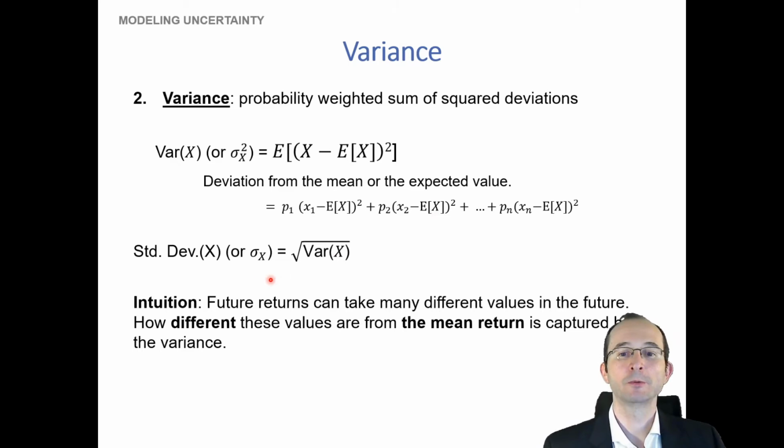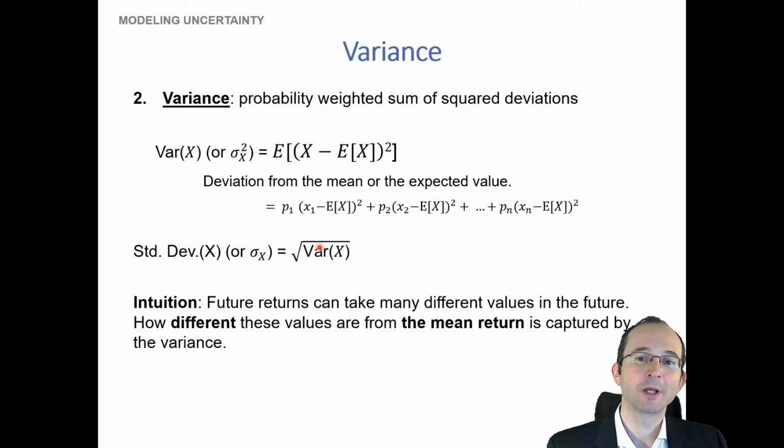And if we take the square root of it, that will give us the standard deviation. So in a way, this sort of tells us how different our possible future realizations can actually be from the mean.